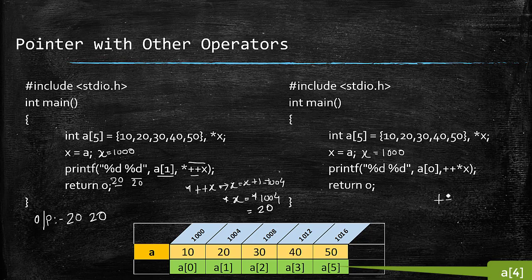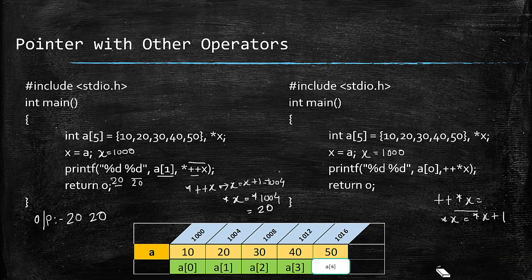So this will be evaluated as *x equals *x plus 1, because pre-increment means increment the value first, then use the value.